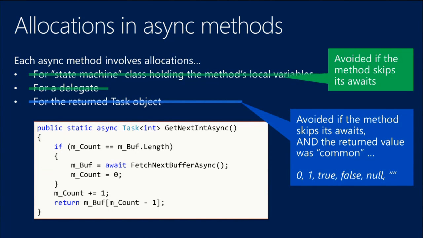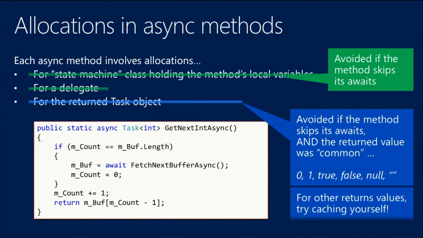Underneath, it's going to fetch next buffer async, which probably fetches 1,000 integers in a batch. So it's only going to go to the disk or the network or whatever once every 1,000 integers. But that means that 999 times out of 1,000, it saves the whole chunk inside buff. 999 times out of 1,000, it will already be there.